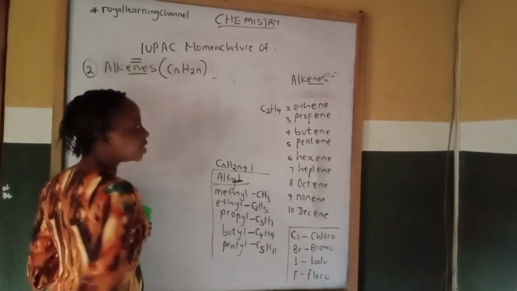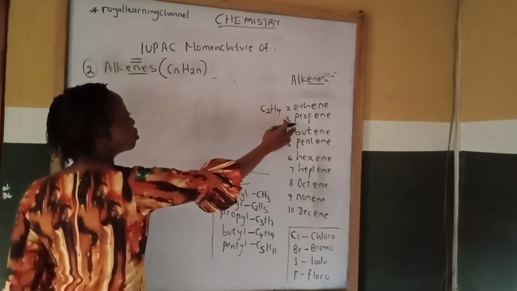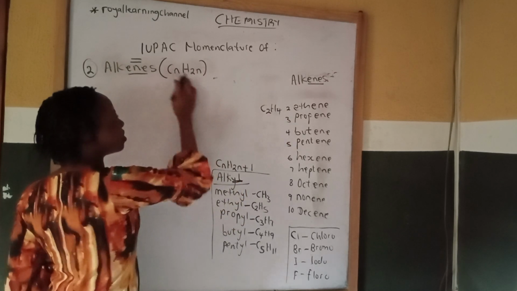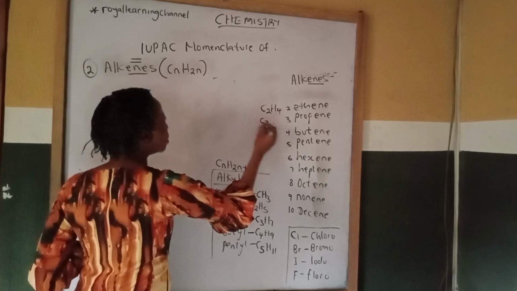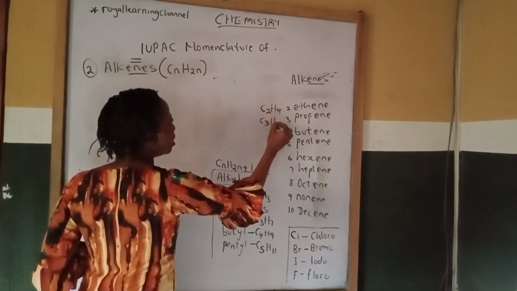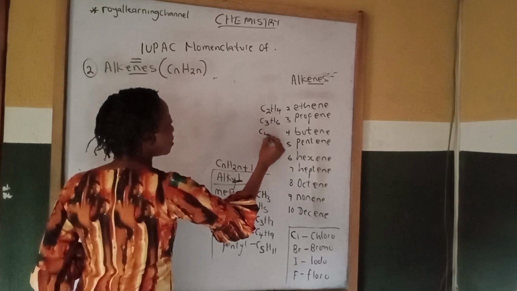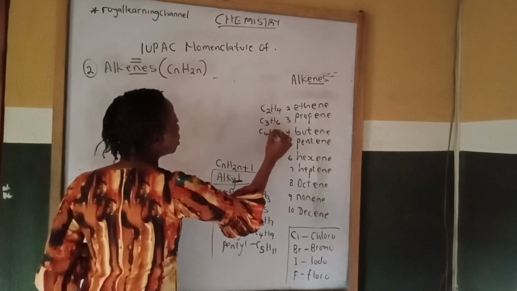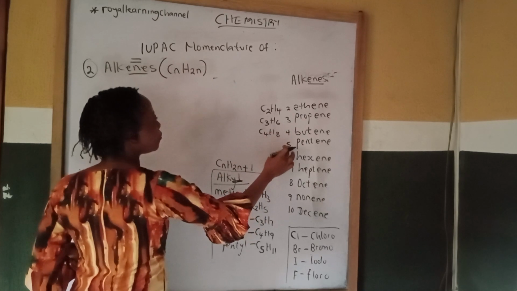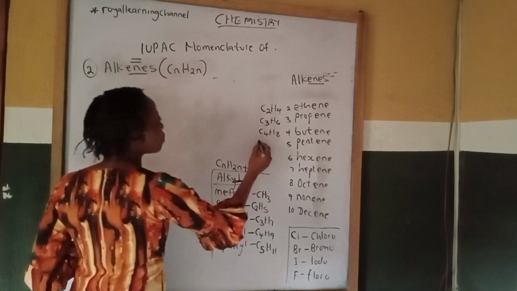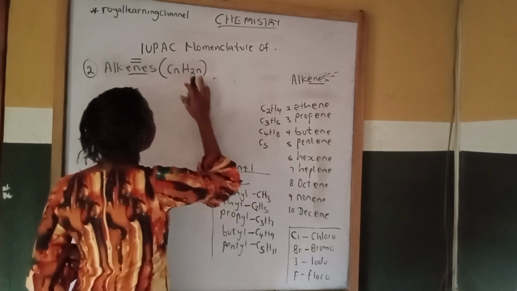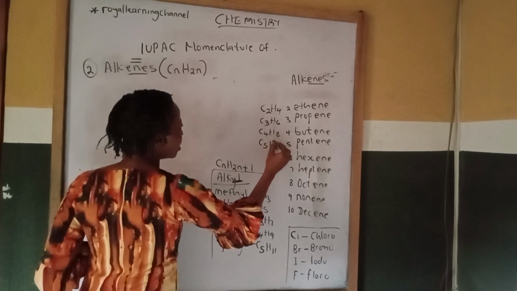So C2H4. The next one, substitute 3 into this general formula. C times 3 will give me C3, 2 times 3 will give me H6. Then the next one, C times 4 will give me C4, 2 times 4 will give me H8. Then the fifth one, C times 5 will give me C5, then 2 times 5 will give me H10.